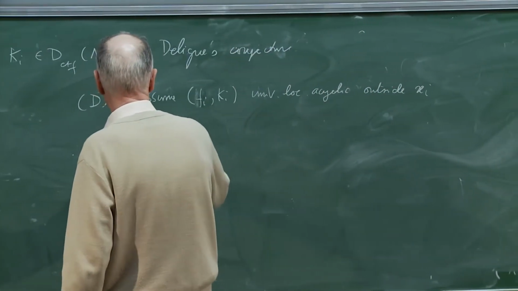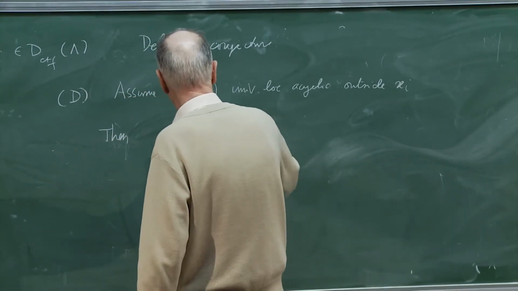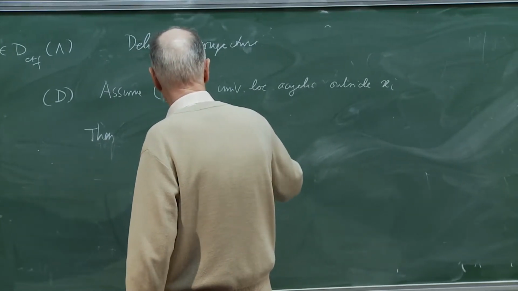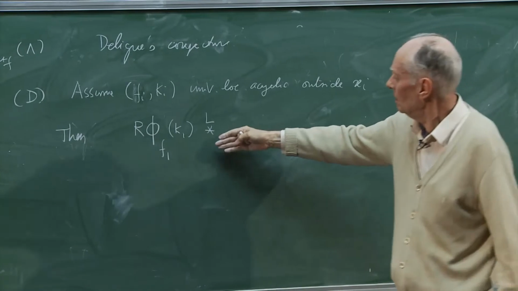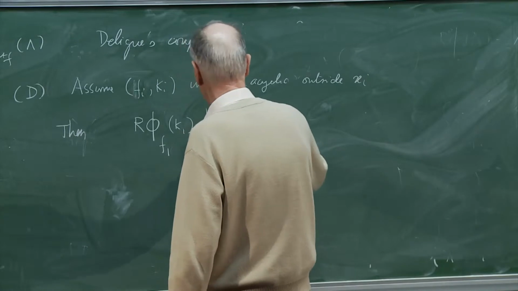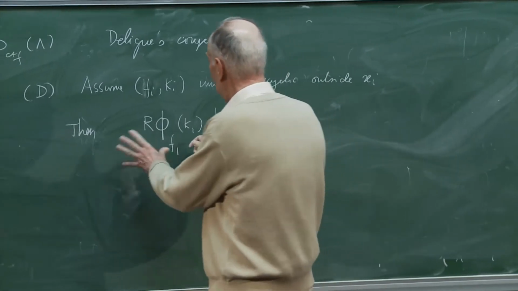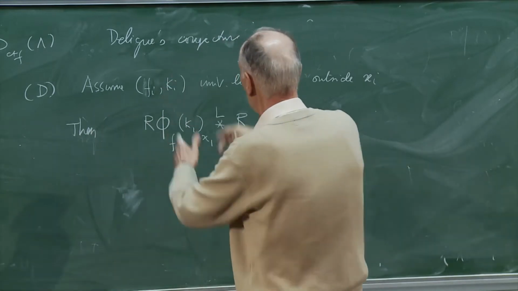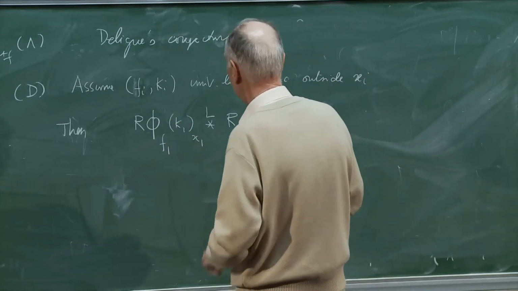Then you have a natural isomorphism, R phi F1 K1. So this means the right version of this star 1 previously. So it means that you extend by 0. So this is at Xi. You extend by 0, take tensor product, external tensor product, and push down by the sum map, but in the derived sense.